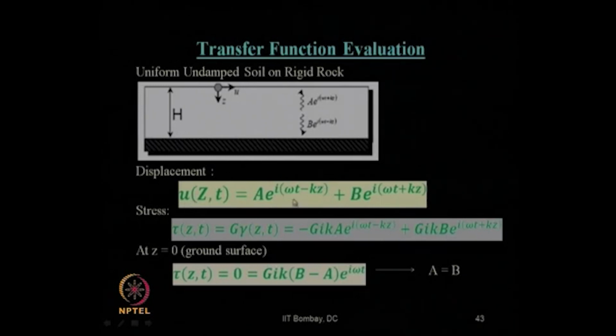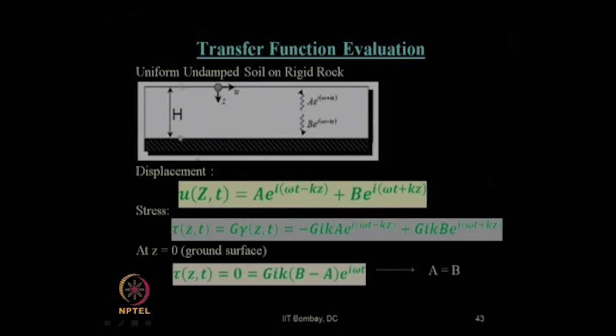If you differentiate the displacement with respect to z, what comes out? Minus k will come out with a i. Here plus k will come out with b i. At the ground surface, the boundary condition is known. What is the known boundary condition? That the stress should be 0 at the ground surface.